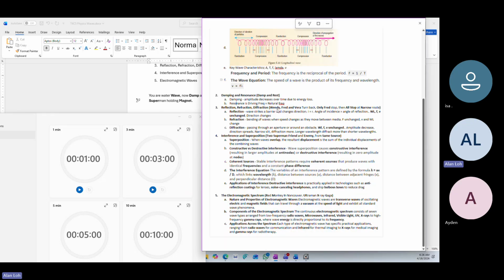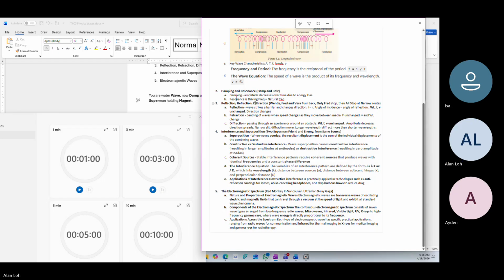Then damping and resonance. Damping, there's the definitions, right? Then this refract, refract, and diffract. This is the definition. You just need to understand what this is, the definition of these 3 new terms, if they are new to you. Then also, what is interference and what is superposition, right?